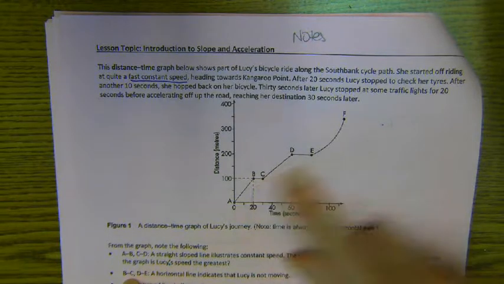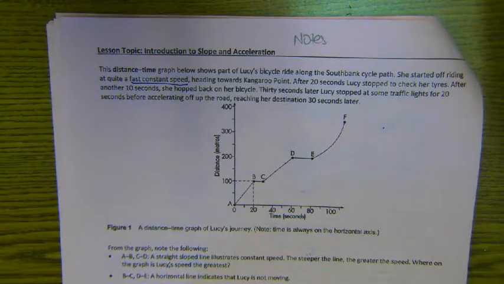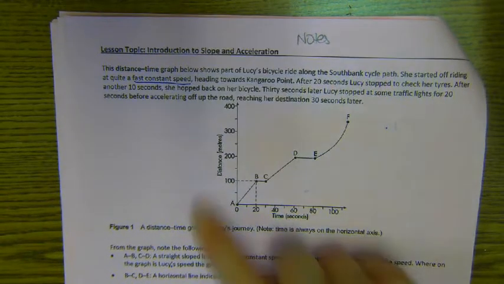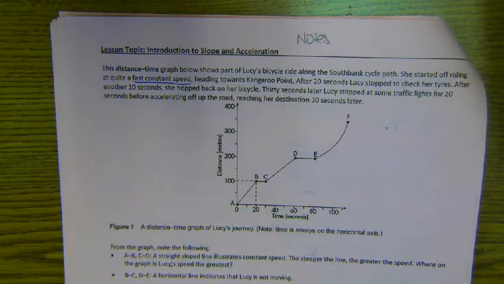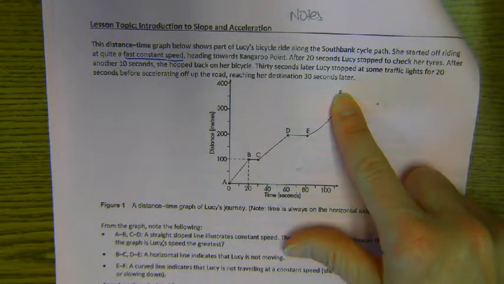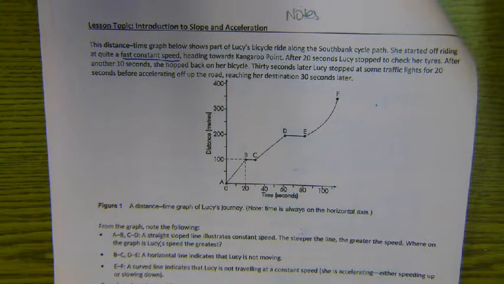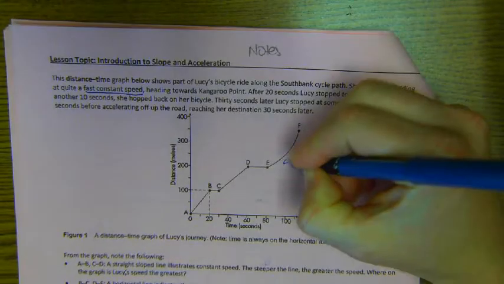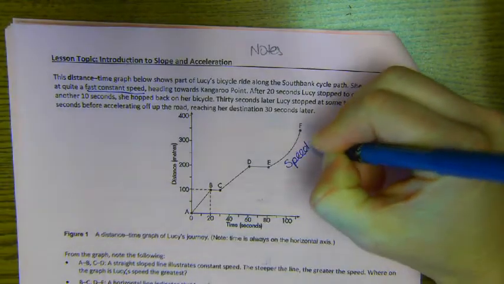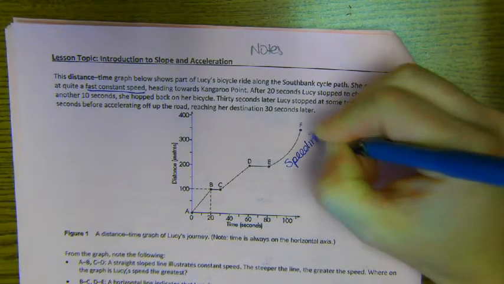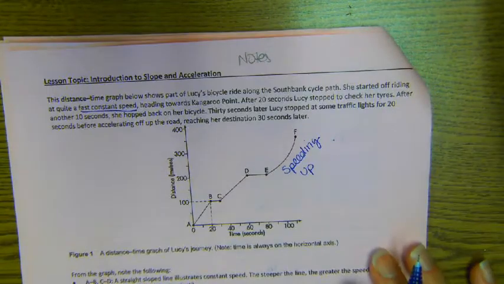BC and DE means she is not moving. So in a distance graph, a flat or horizontal line means that she is stopped. Okay? And E to F, a curved line means she is speeding up because it's not constant.